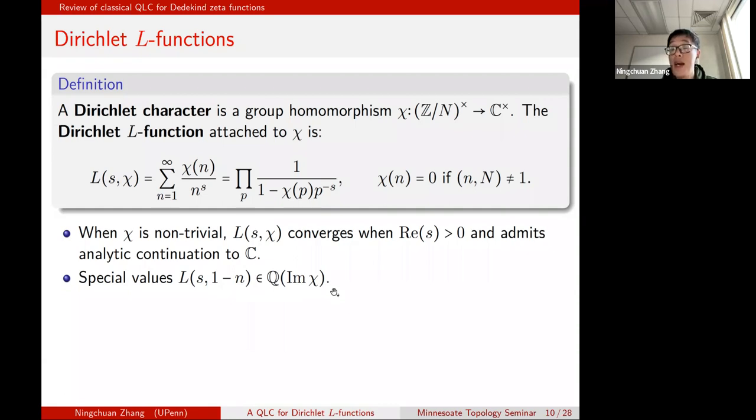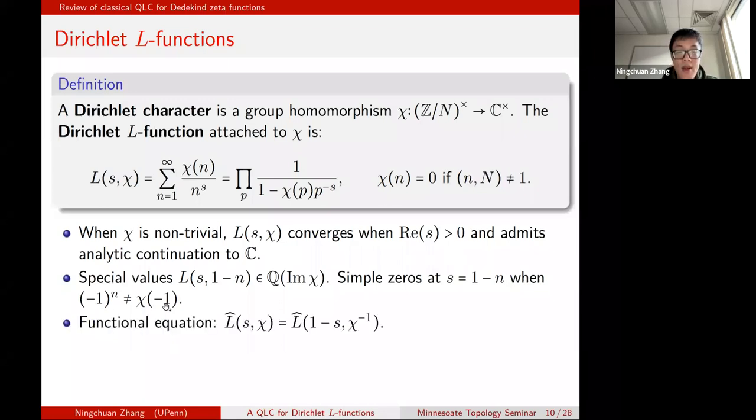So it is going to be an algebraic number. And also, half of the time it is actually going to be 0. So it has simple zeros at s equals 1 minus n when the parities of n and chi do not match. There's also a functional equation.